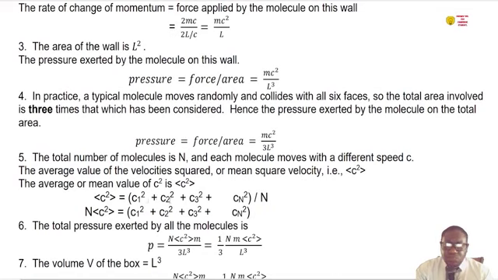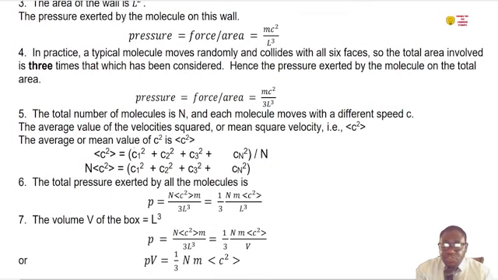So it's c1 squared plus c2 squared plus c3 squared all the way to cN, that's molecule number N. You square that, you divide that by N to get the mean square speed. The mean square speed is literally the sum of all the squared speeds of the molecules divided by the number of molecules, which is N.